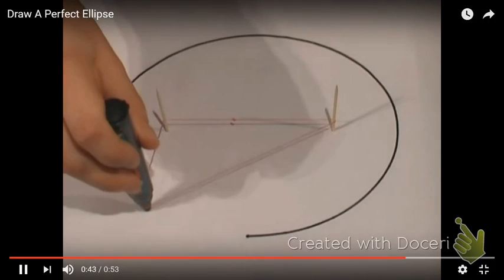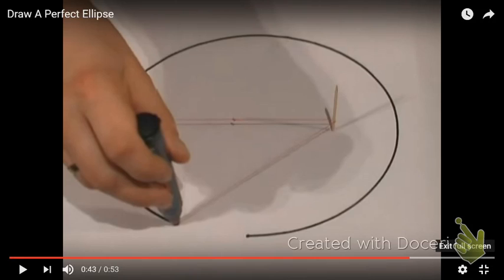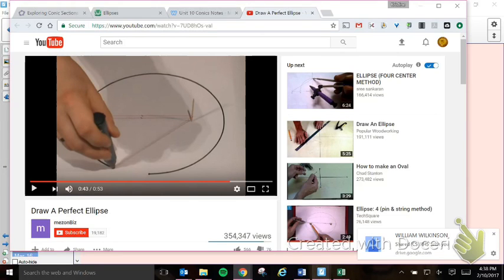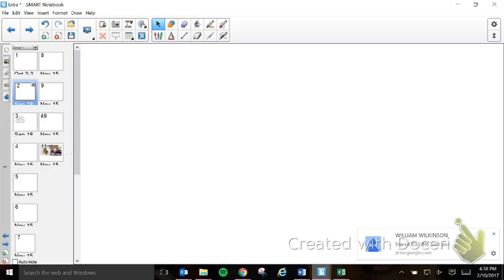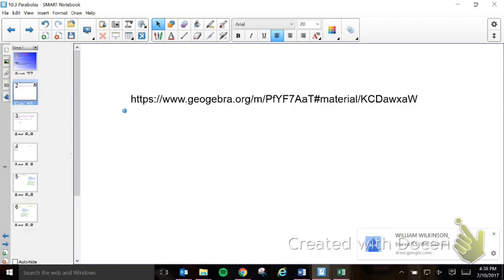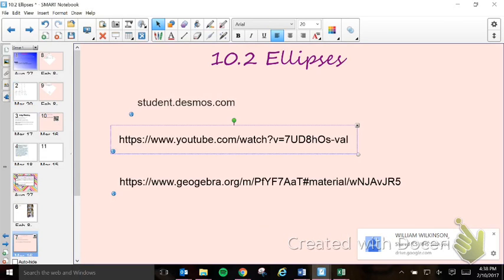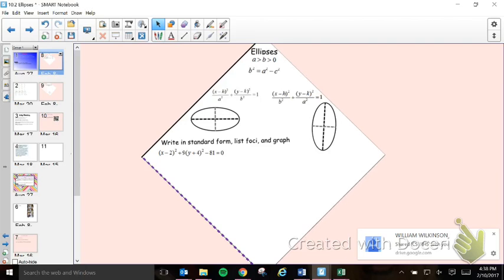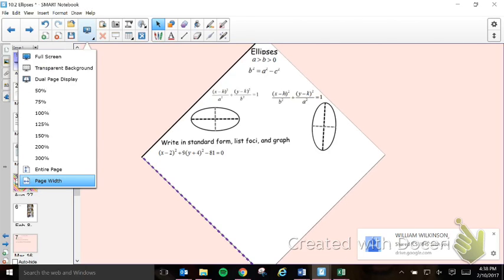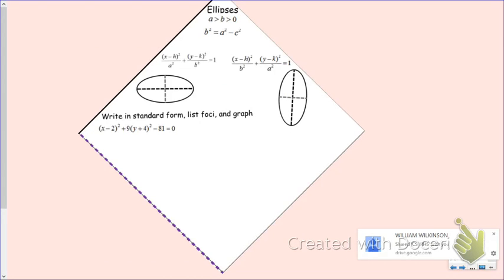Now let's go ahead and look back at our notes and look at the standard form. Sorry, guys, that was the wrong one. Standard form of an ellipse. There are actually two different equations here. The first equation is going to create a horizontal ellipse.